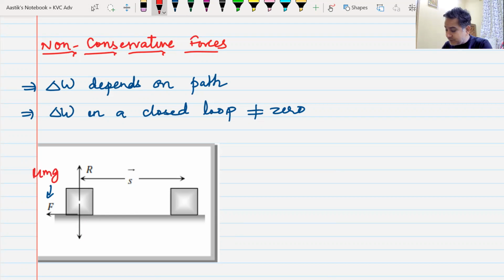If I move this body from point A to point B, what is the work done by the frictional force from point A to point B? It will be minus mu mg into s. Yes or no? I cannot hear you, beta.